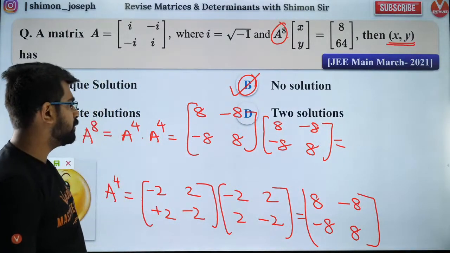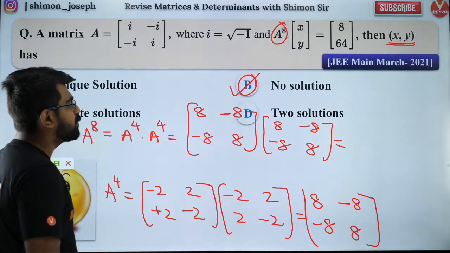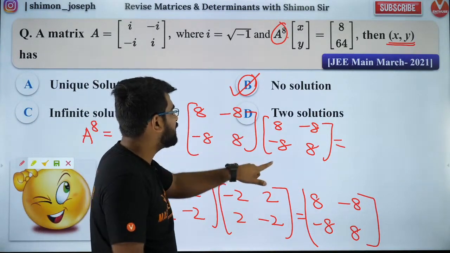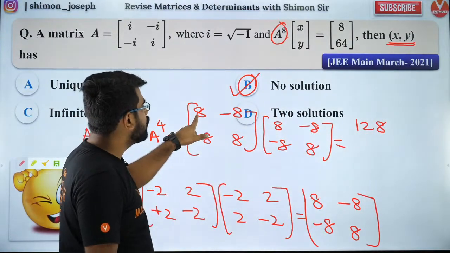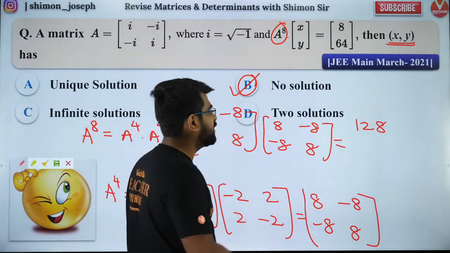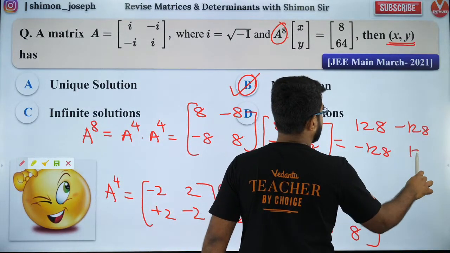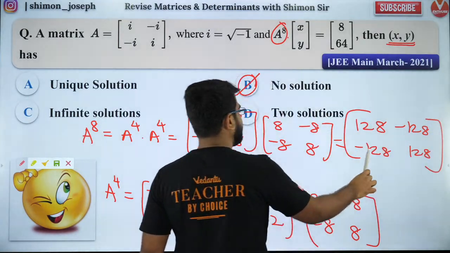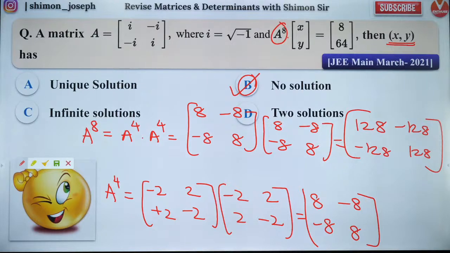Is that correct? Are you all cool with it? So it is going to be how much, my dear students? 64 plus 64, which will be 128. Then what will you have? You will have minus 64 minus 64, which will be minus 128. Again minus 128, 128. Is that cool, everybody?